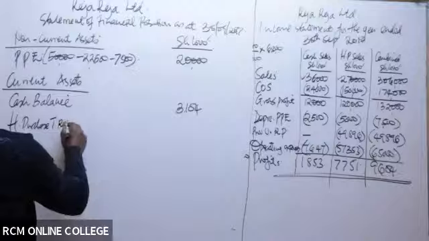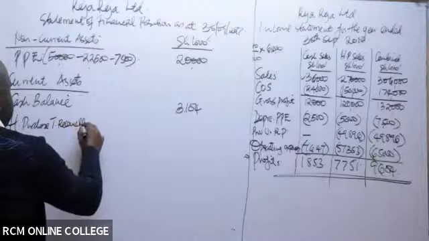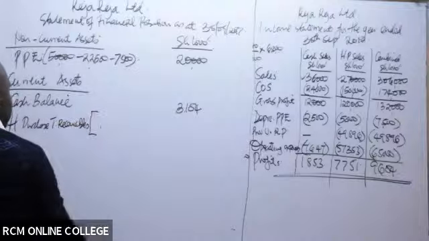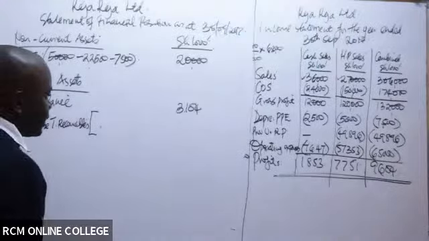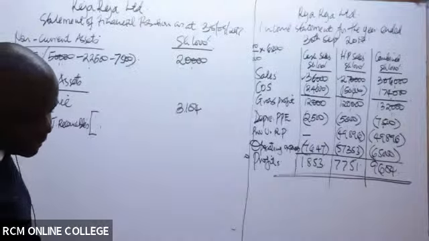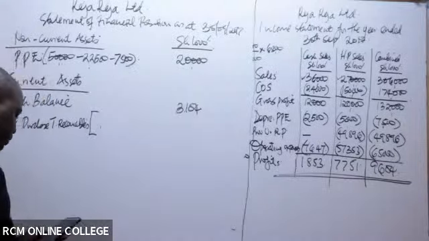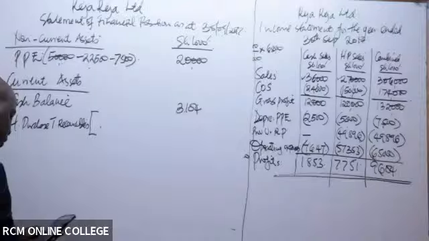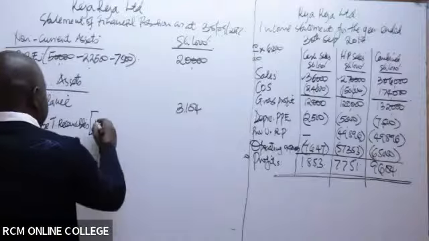Remember our debtors account. In our debtors account, if you can recall, we got an amount of, I think, by the end of the year, 113,400. Is it 113,400 in our debtors account?